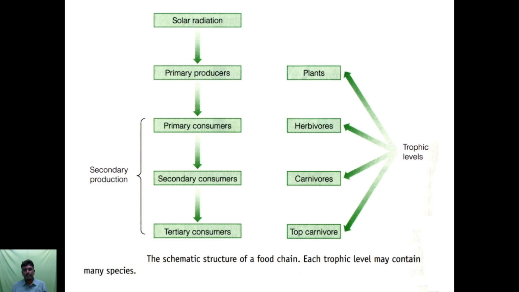Primary producers can directly capture or absorb energy from the solar system. Then from primary producers to primary consumers, then secondary consumers. The last level is tertiary consumers. These primary consumers, secondary consumers and tertiary consumers are collectively known as secondary production.